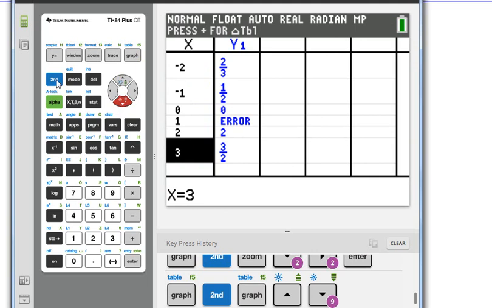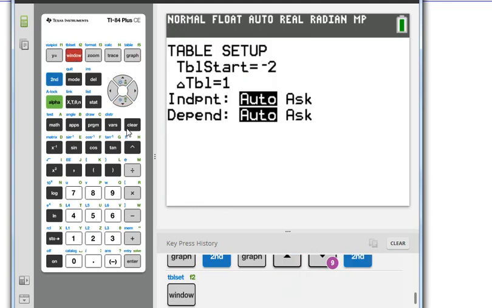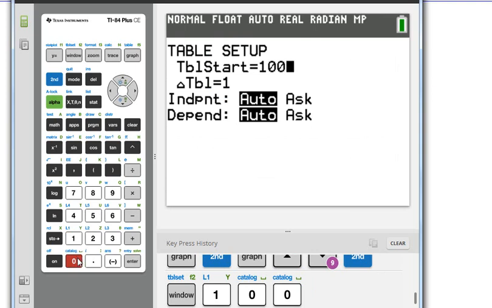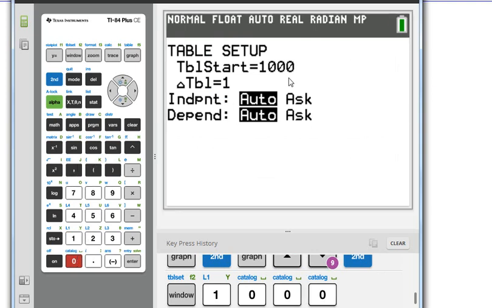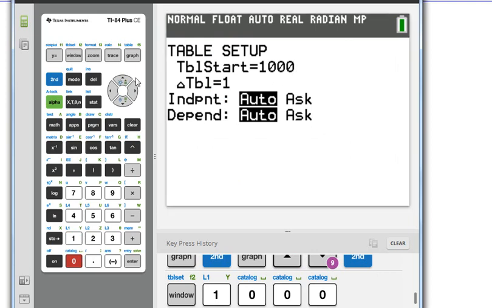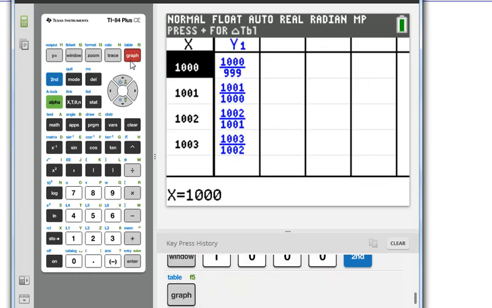Now, remember we said the horizontal asymptote is y equals 1. Well, if we go to table set, I'm going to pick a very large number, say maybe 100, because if we go out towards, I'll even put 1,000. If we go out towards infinity, in this case I'm using a very large number of 1,000, we should be able to see, I hope, that we'll be approaching 1.